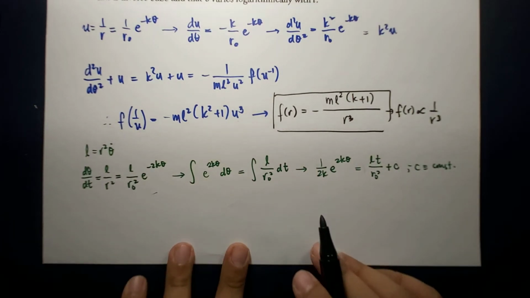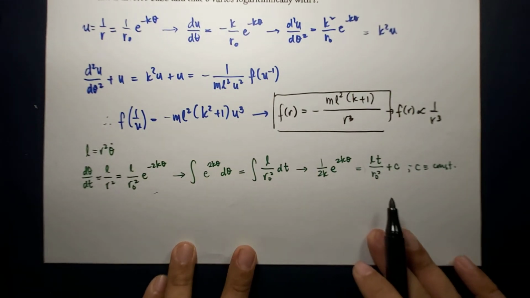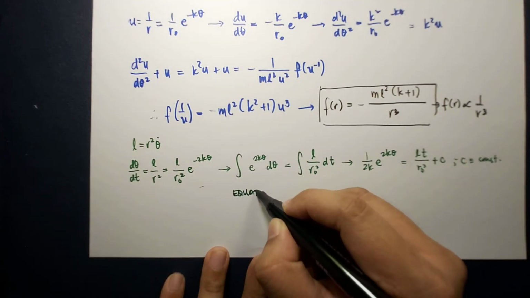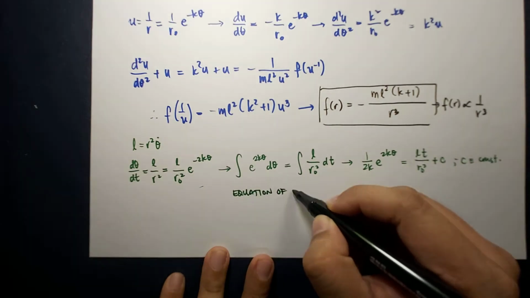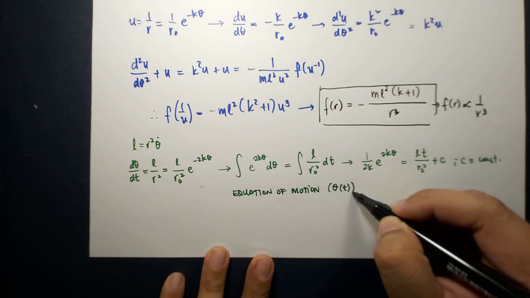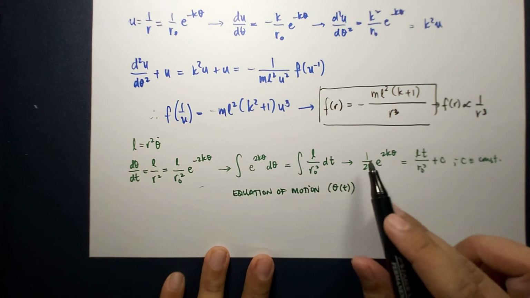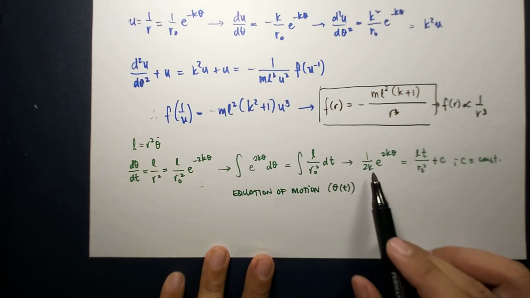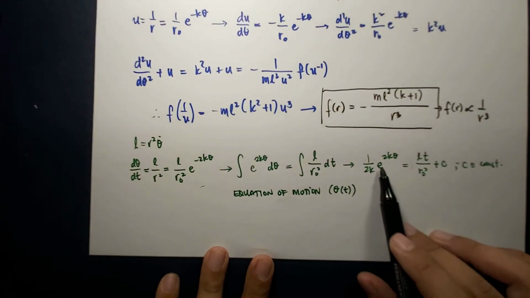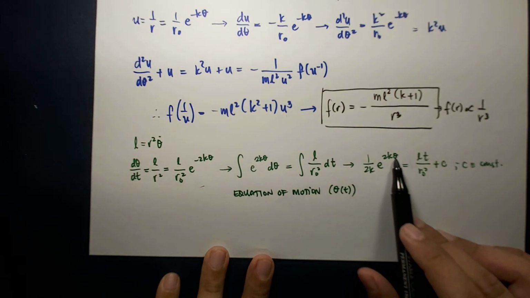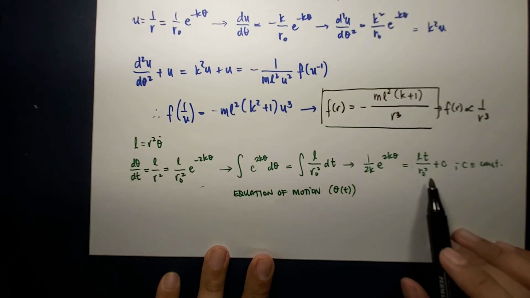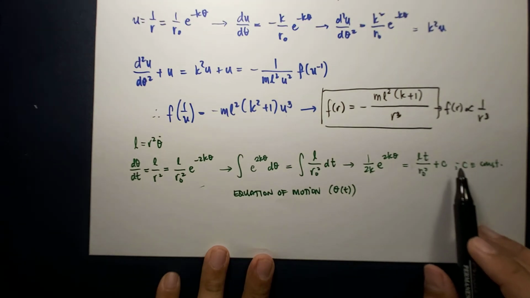So therefore, from here, manipulating the equation of motion for theta as a function of time, I'm multiplying both sides by 2k, so this is e to the 2kθ equals 2k l t over r0 squared plus 2kc.